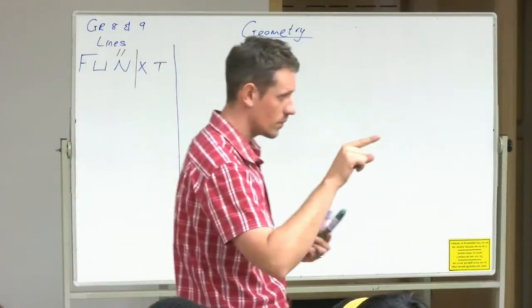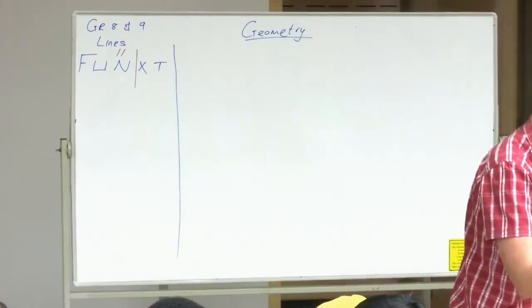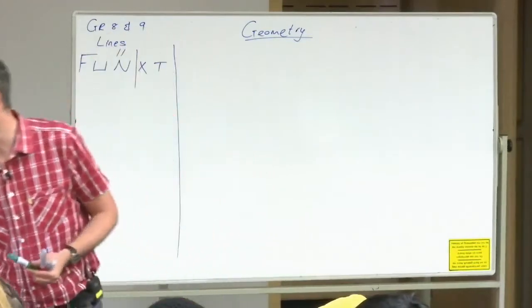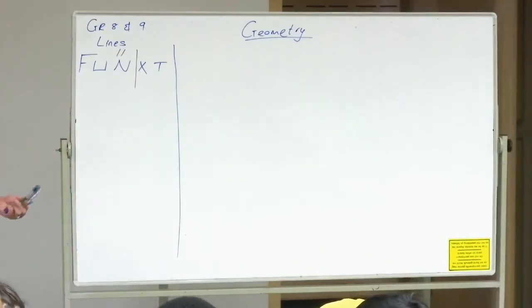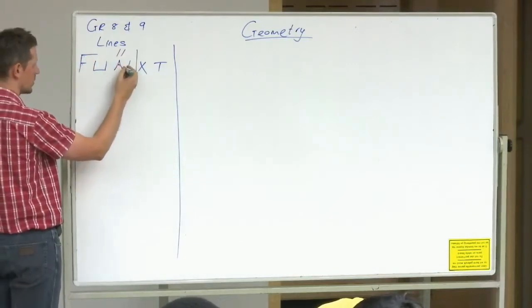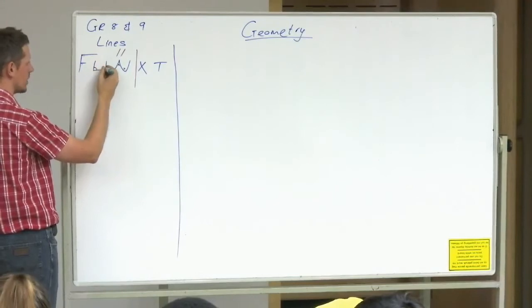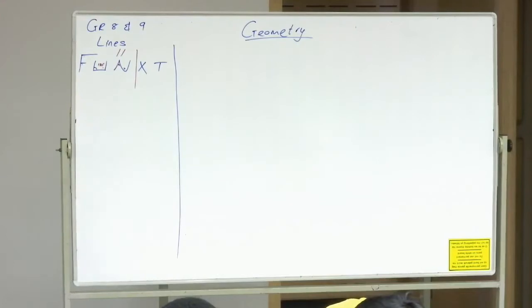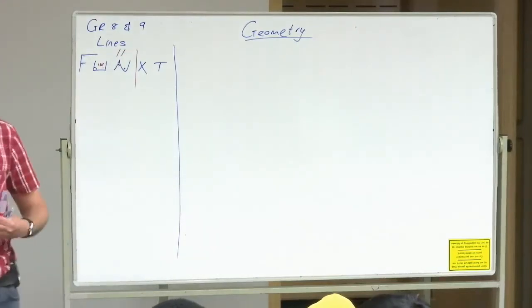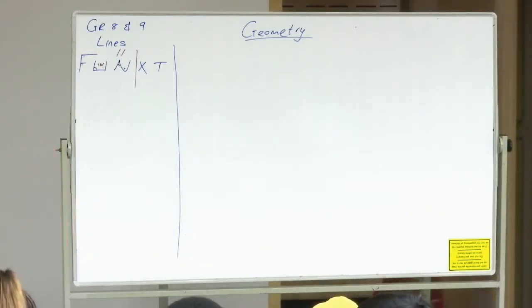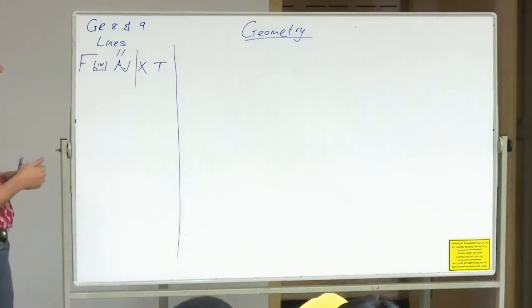Secondly, if you want to prove parallel lines, there's only 3 ways: proving that one angle is equal to that one, or that one equal to that one, or proving that those two are supplementary. So please, if they ask you to prove that this line is parallel to that line, F, U, and N are the first 3 theorems you look at.